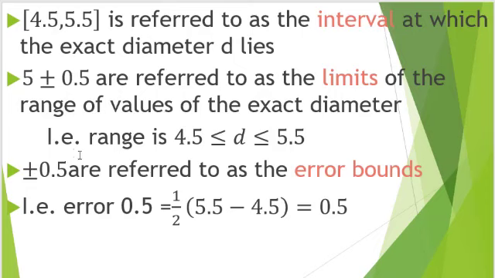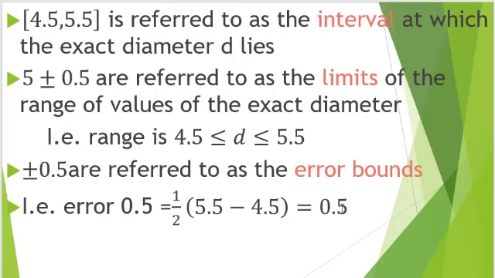And that 0.5, we get it this way: you just say 1 over 2 into 5.5, which is our maximum value, minus 4.5, our minimum value, which is equal to the error bound.